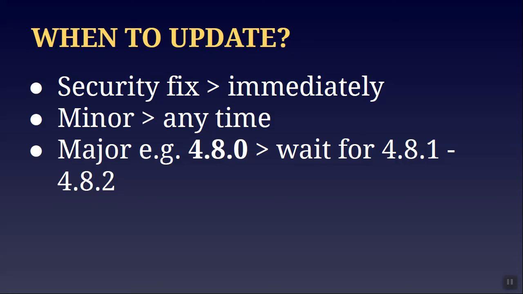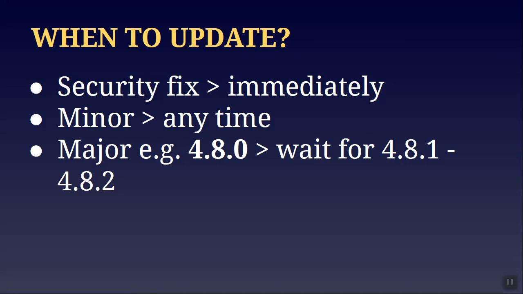If it's major, then we're talking about something quite big. It's not a key update, but it's still a big update. So whenever the 0.0 version comes out, you will see that after a few days, the 0.1, 0.2 version will come out.